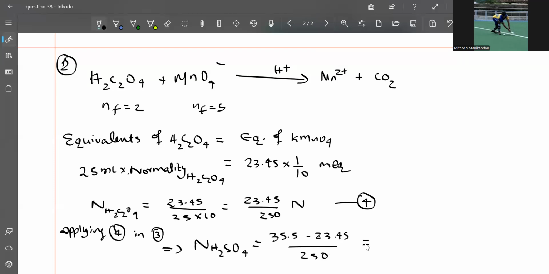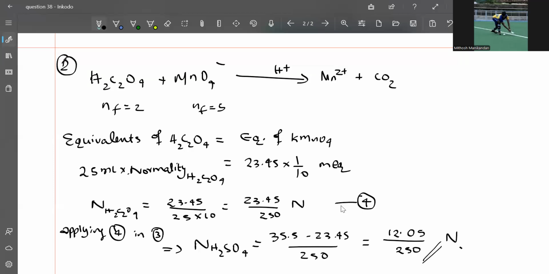This will be 12.05 by 250. Since it's a subjective question, we can keep it this way, or you can further divide and give the answer. But I'll stop it here. From here it's just calculation.